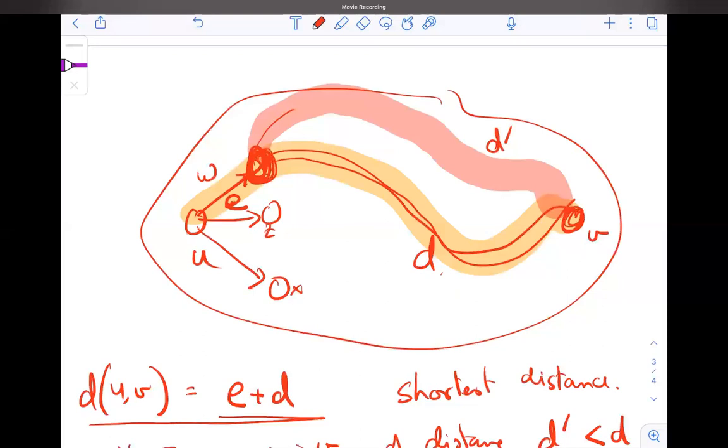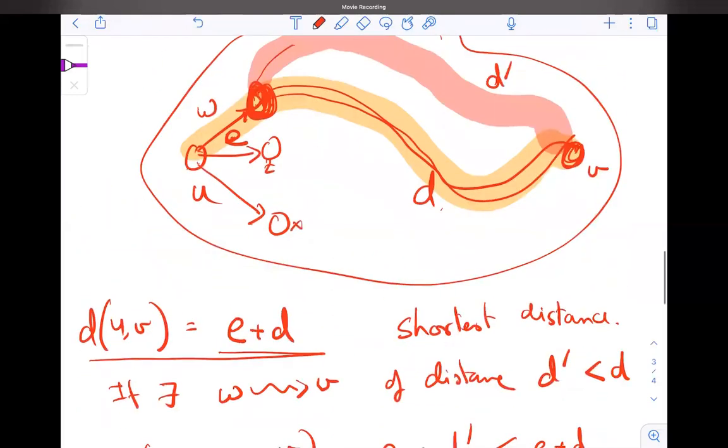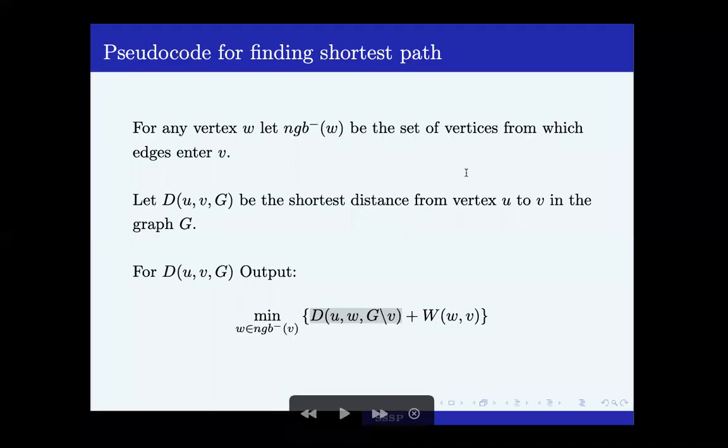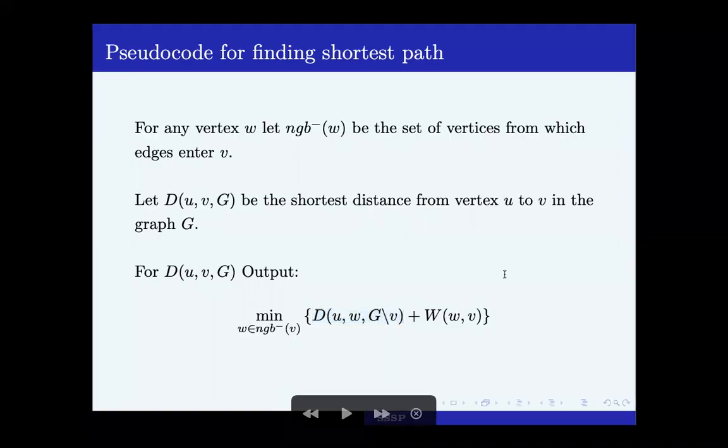Whatever has just been described is the formal correctness of the algorithm. The theorem will say that if the shortest path from U to V goes through W, then that path will be the shortest path from W to V also. Once you have that, if you apply this particular algorithm, you will be done.